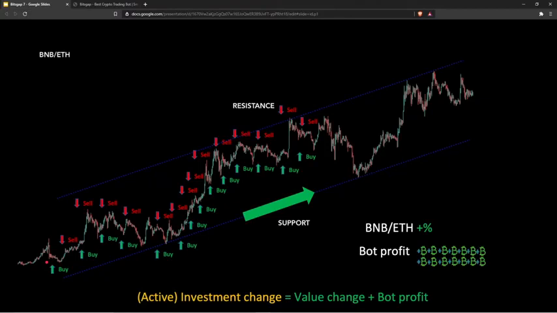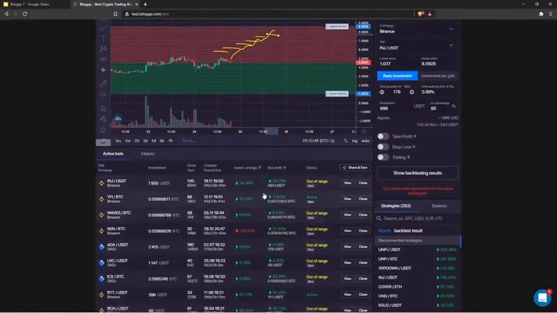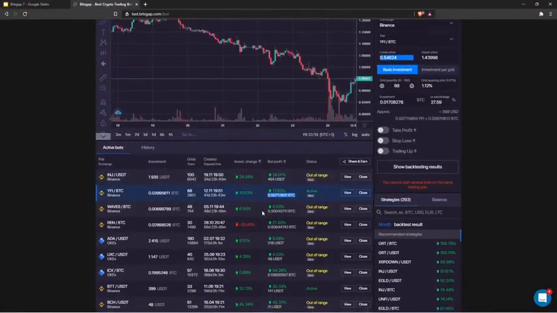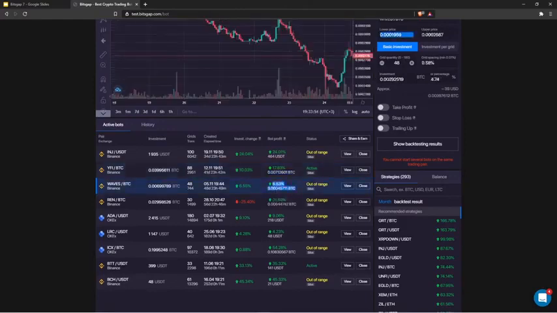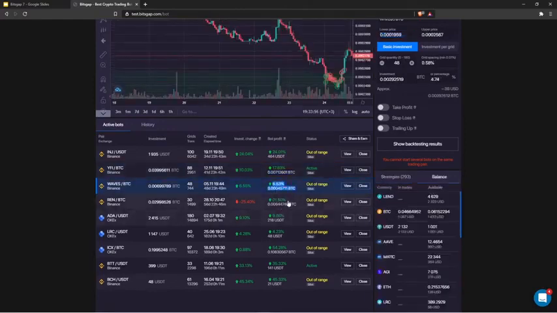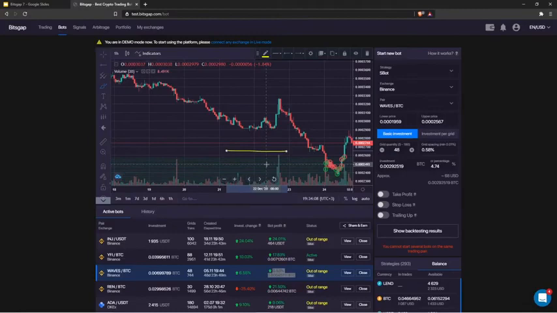So every day you log in to see the performance, you know exactly that in the bot profit section, which is over here, this amount is the money which goes directly to your pocket. So that's something that you already possess. And that's why automation, from that standpoint, is better than manual trading on a rising market.